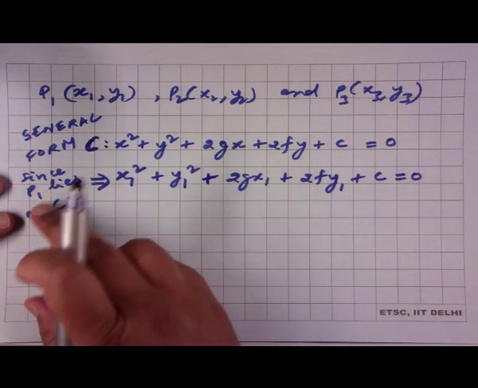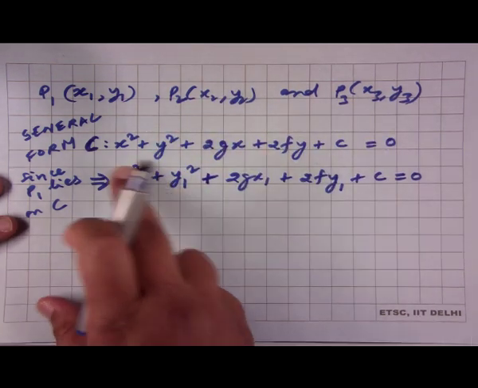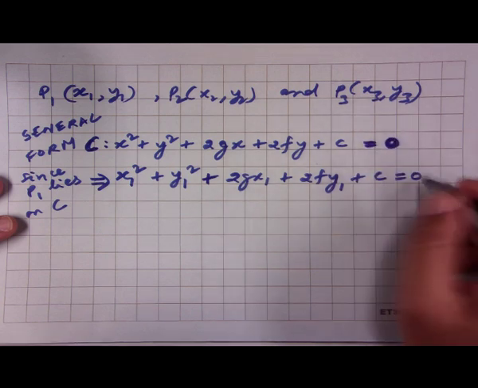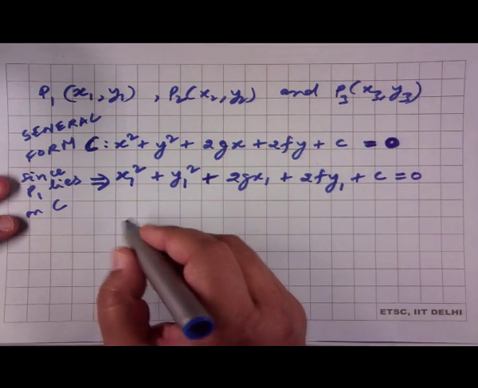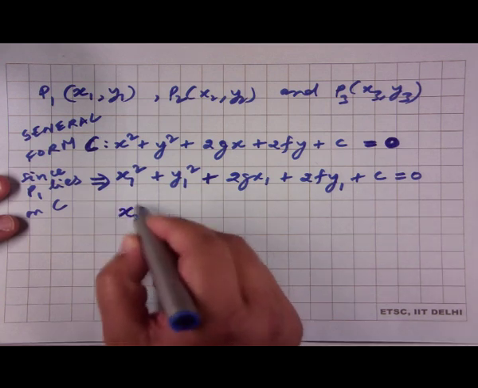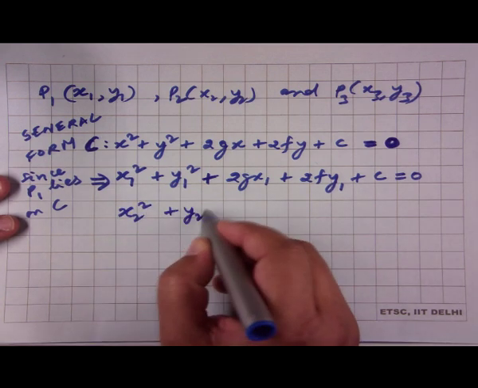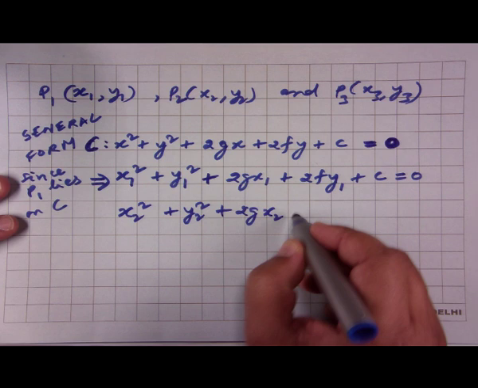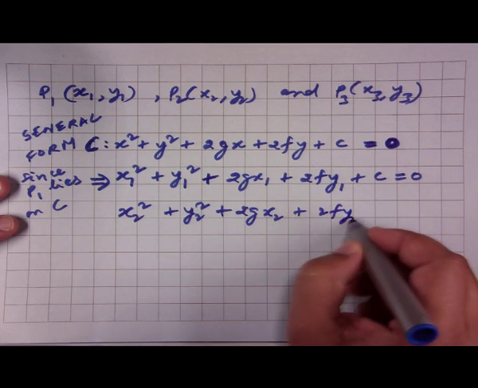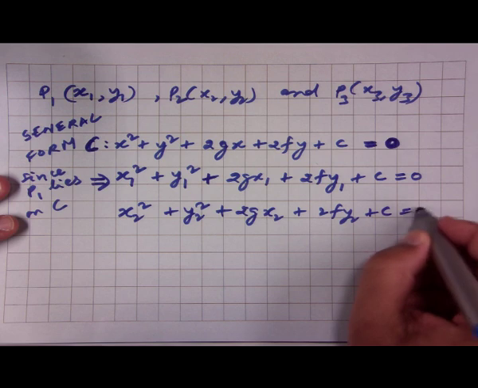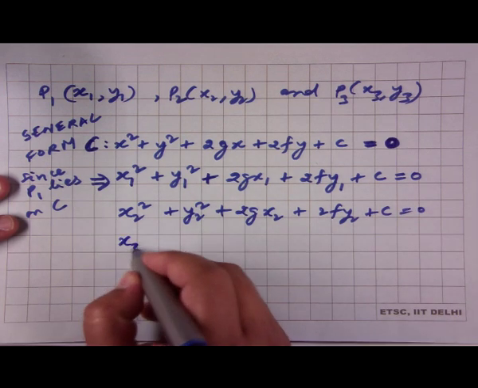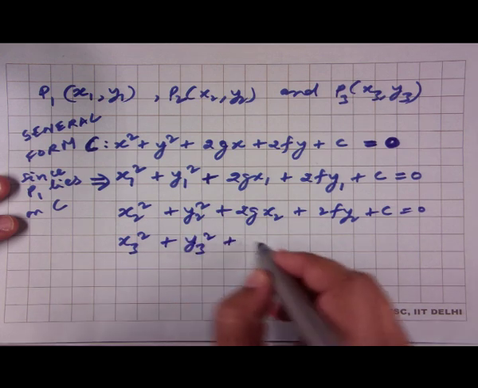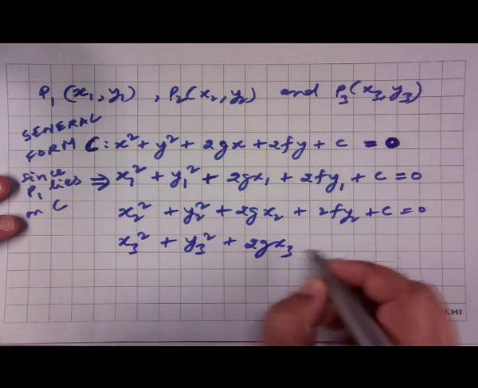And similarly, since P2 and P3 also lie on this circle, we get other 2 equations. So, for P2 we get this equation, and for P3 we get this third equation.